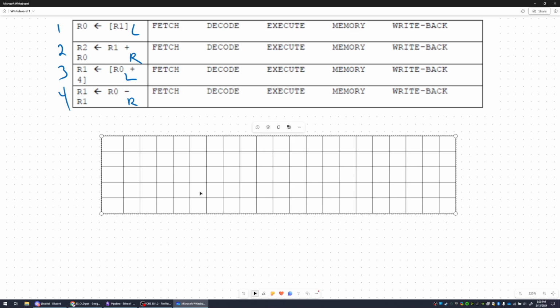So, 1, 2, 3, 4. Cycle 1, 2, 3. Oh, well, it's only up to the fourth.